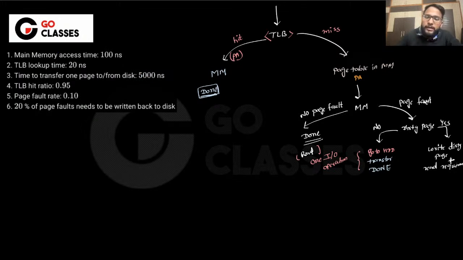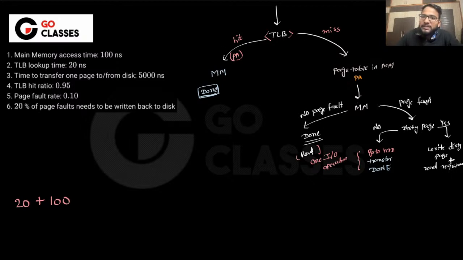In case of a TLB hit, you are anyway going to take this 20 for the TLB. And for the main memory, you are going to take this 100, in both cases, whether it is for the page table or otherwise. So till this part it is done.